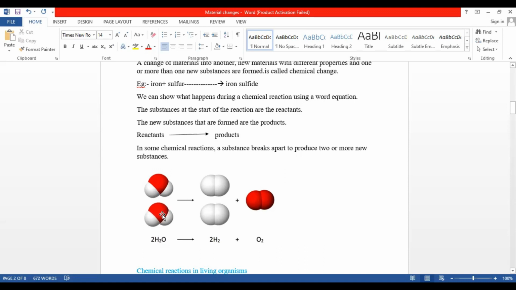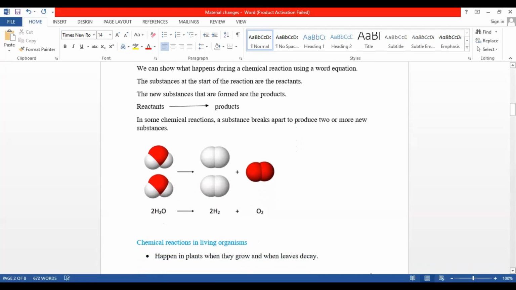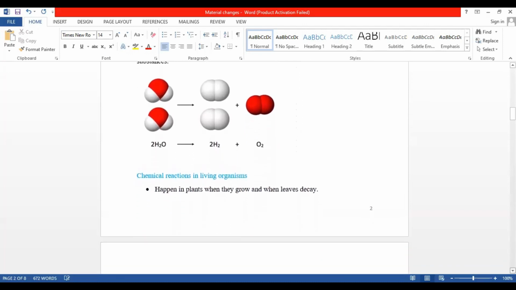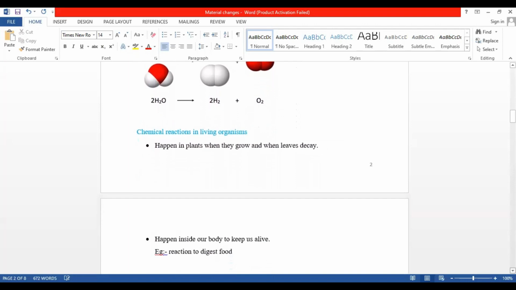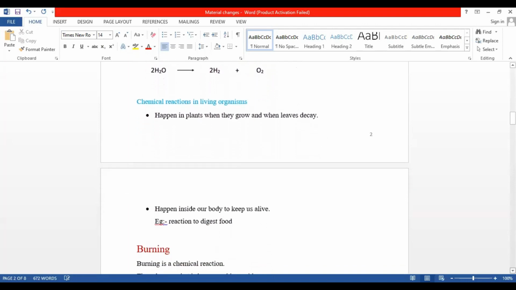That is how they are rearranging. That means the particles are rearranging. Atoms are rearranging with other atoms to form a new thing. That is the way of the chemical reactions. Now you can understand during the physical changes, no new things are forming, but during the chemical reactions, new substances are forming.